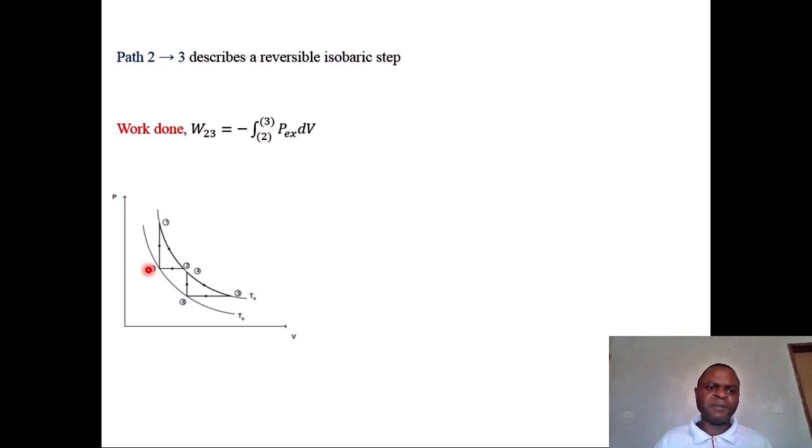Work done is equal to the integral of P dV. Pressure is constant in this case, so we can take it out of the integral. And from V2 to V3, after integrating, we get minus P2 times V3 minus V2.